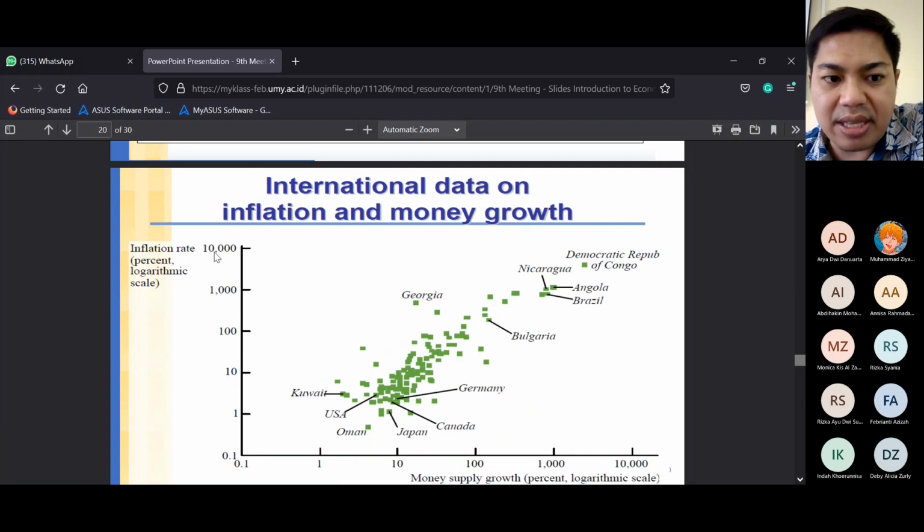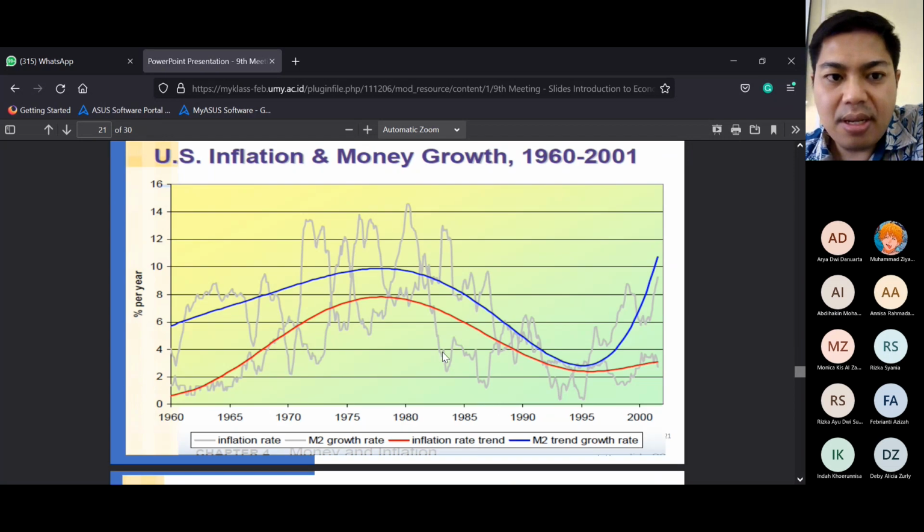So here is the data, inflation rate and money supply. You can see here the countries' patterns. And here is the inflation and also the growth rate of the money.